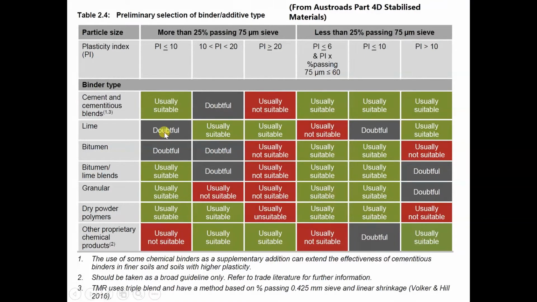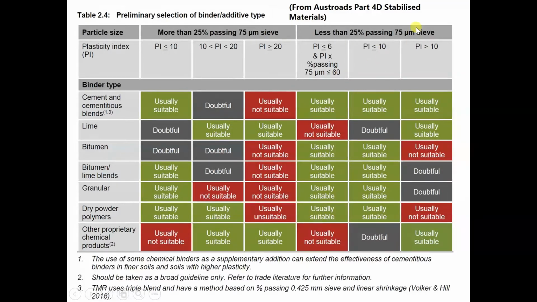For example, lime is suitable for materials with more than 25% passing the 75 micrometer sieve, that means subgrade. It is suitable for stabilizing materials with a plasticity index of more than 10%. It's quite plastic material, so we can use lime to stabilize it.